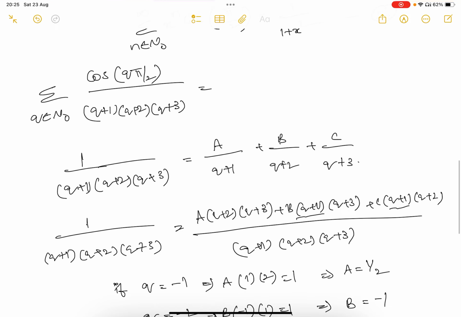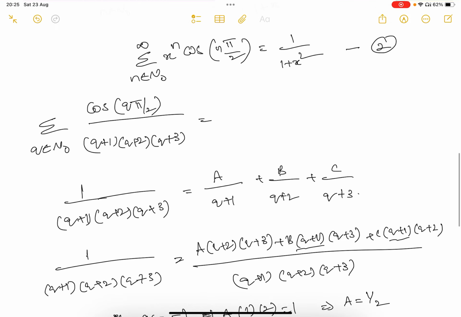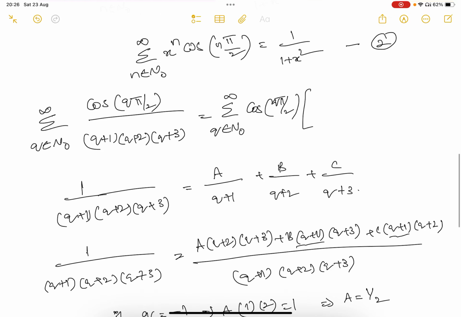That is, this case can be written as, write it down, summation q from n naught to infinity of cos of q pi by 2 into, a value is 1 by 2, right?